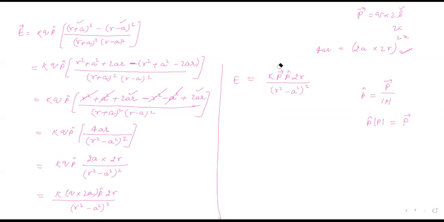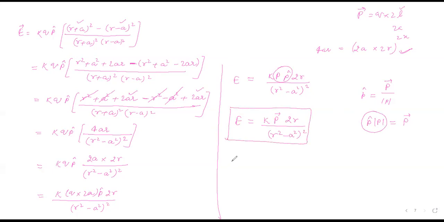It is in magnitude, not in vector terms, which is given here. This is your p, and this is your unit vector of p. So what is the vector p and magnitude of p? This is the same value. Then we can write k vector of p into 2r over (r square minus a square) whole square. Okay. This is your equation.